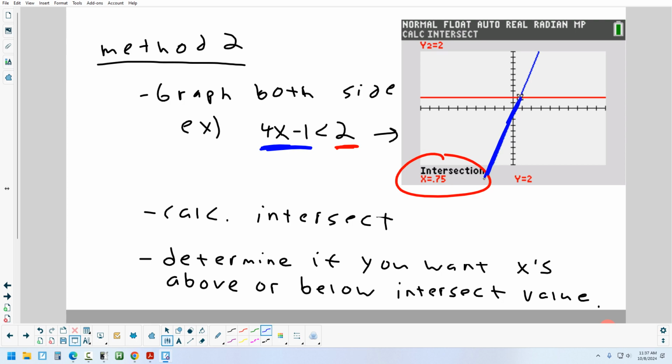So to be on that part of the line, the x values are below 0.75 for every coordinate that's on that line. If you picked where the x values are above 0.75, you would be on the top part of the blue line, and that would be above the red. They wanted below the red. So it's everything below 0.75.